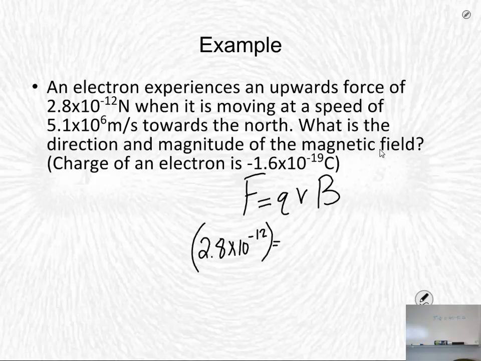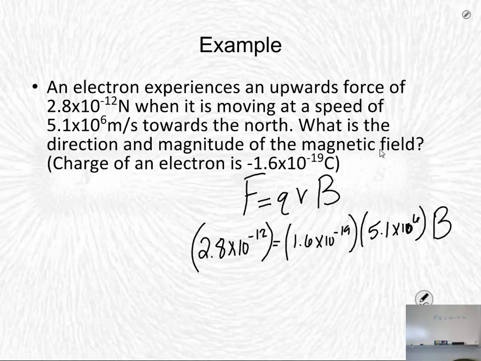My charge is that of my electron. So I just want the magnitude so I can ignore the sign for a moment. My velocity says it's moving at 1.5 times 10 to the 6 meters per second. And I need to solve for B.